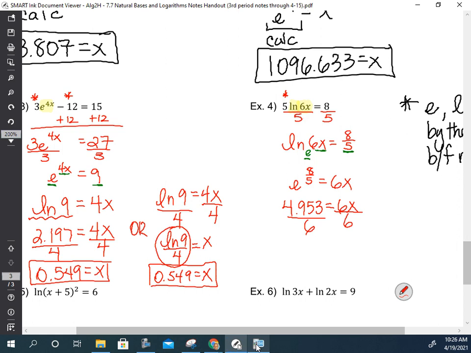Divide both sides by 6. 4.953 divided by 6 gives you 0.8255. So 0.826.